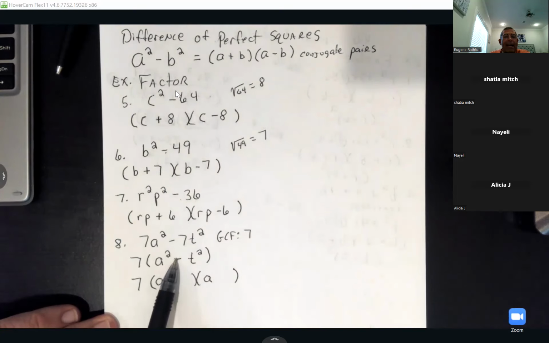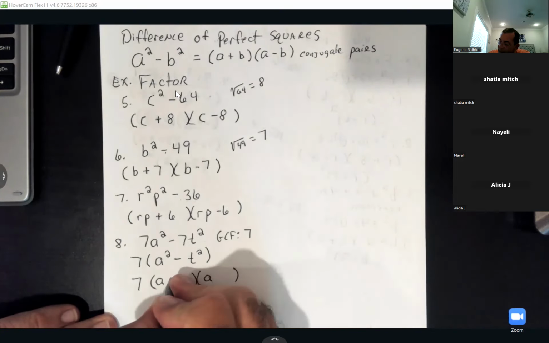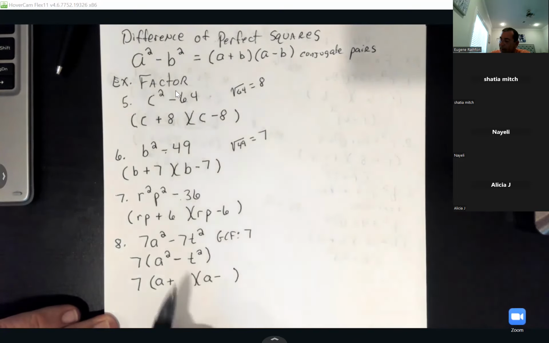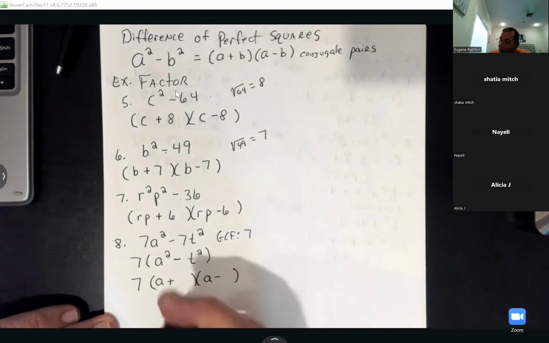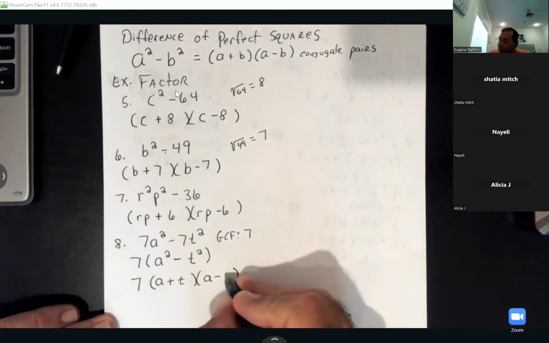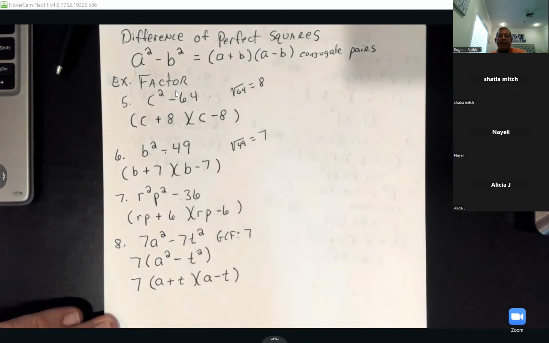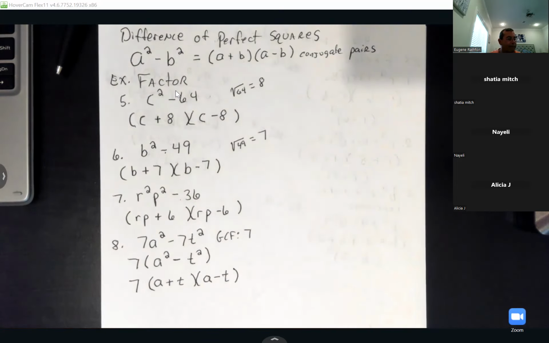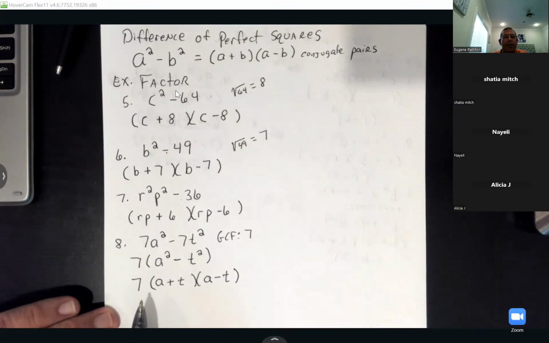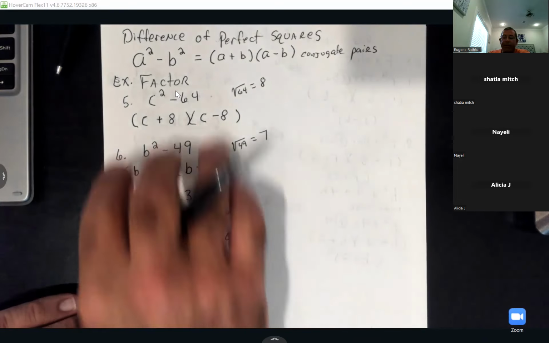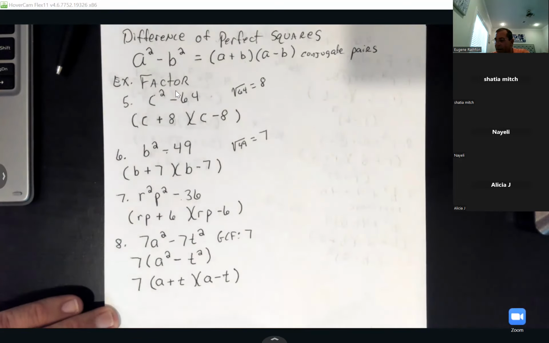My last sign is negative, so I got a plus and a minus. And the t squared is what? A t and a t. Okay, so these are the kind you'll have on the homework, okay?